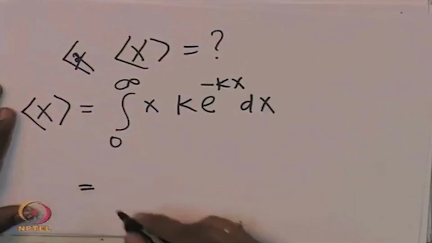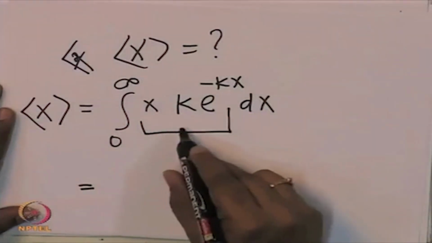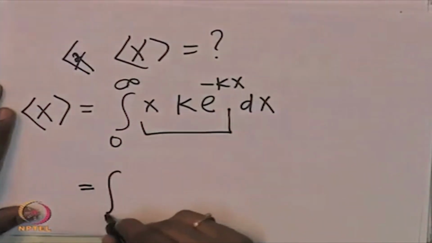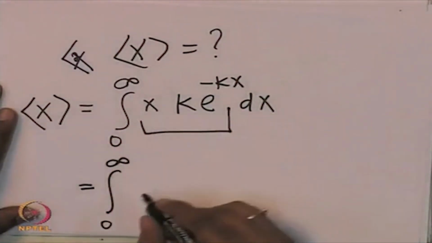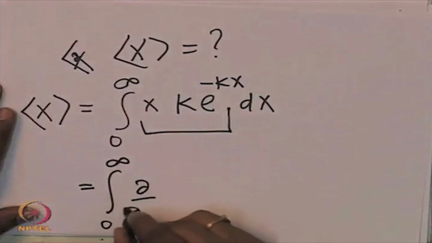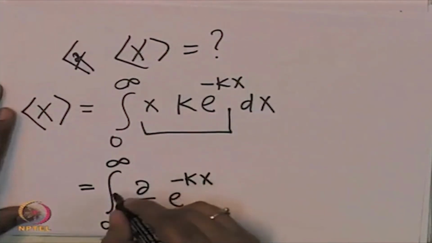Here we use a technique: x e power minus k x can be defined as del by del k of e power minus k x with a minus sign.